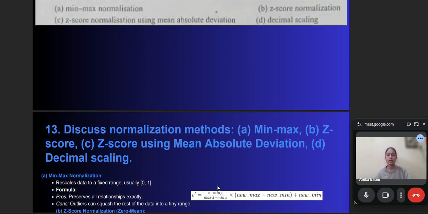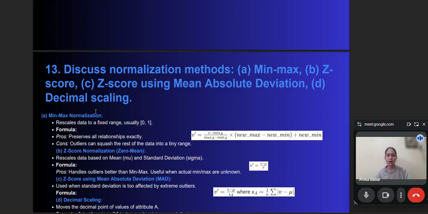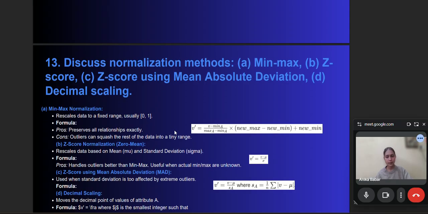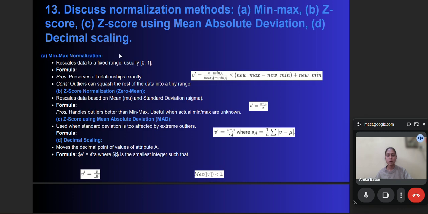Next, question 13. In this, we are going to discuss normalization methods, which are A, min-max, B, Z score, C, Z score using mean absolute deviation, and D, decimal scaling. So first, min-max normalization rescales data to a fixed range, usually 0 and 1.